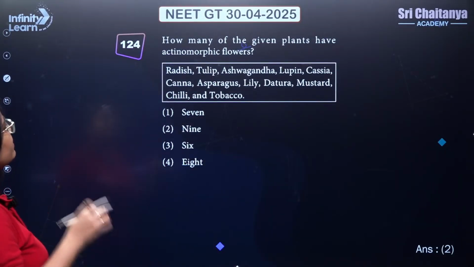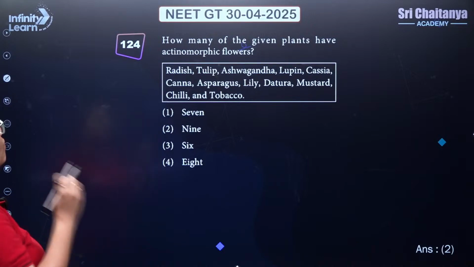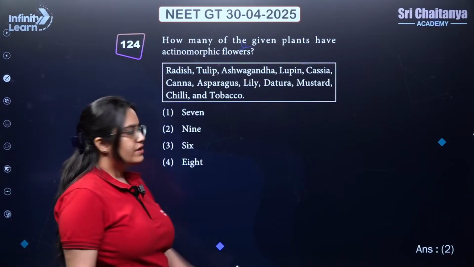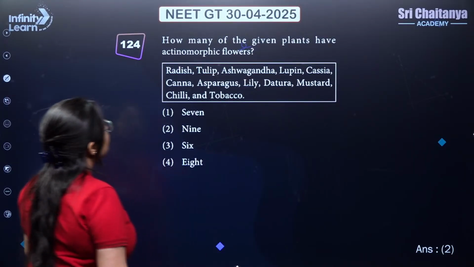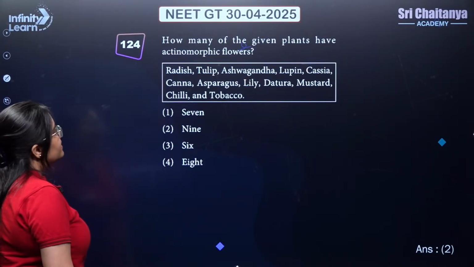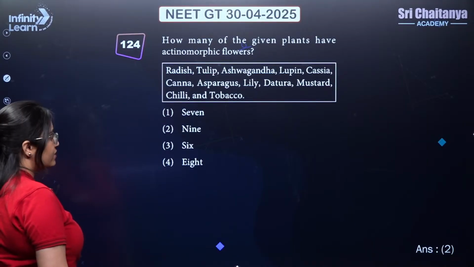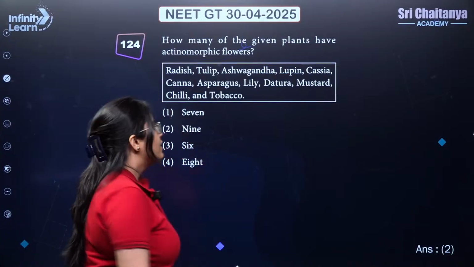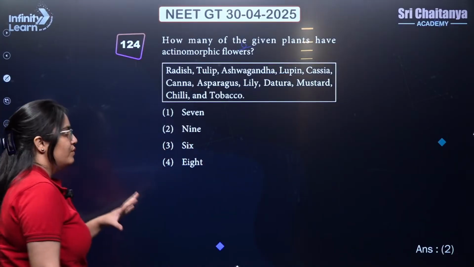How many of the given plants have actinomorphic flowers? Very simple, from your very basic NCERT you can follow for that. But please notice, if you are following the latest NCERT, you might not find a few examples.